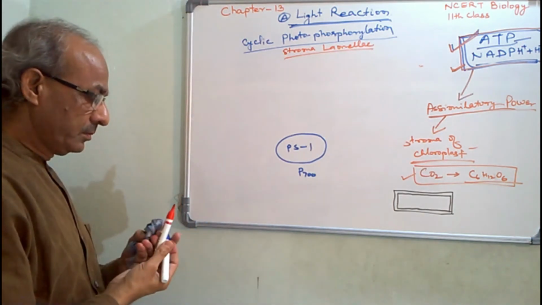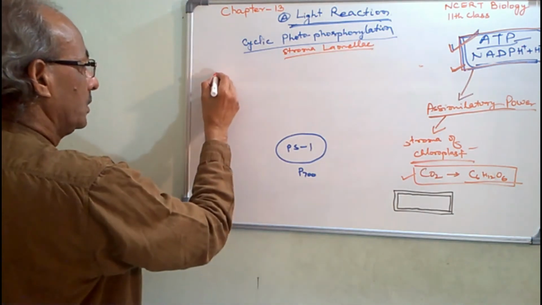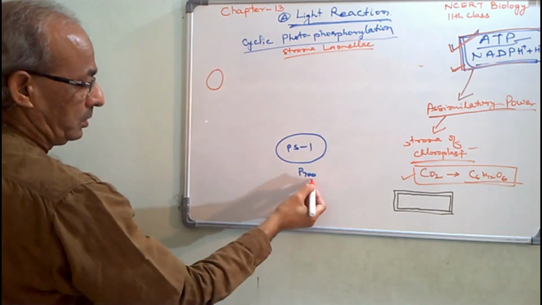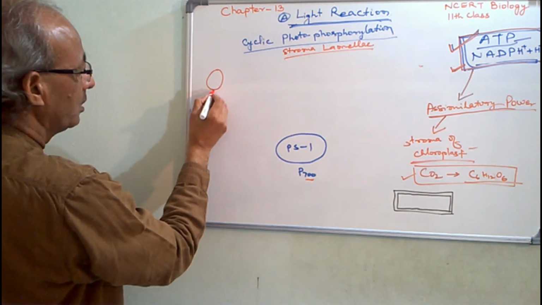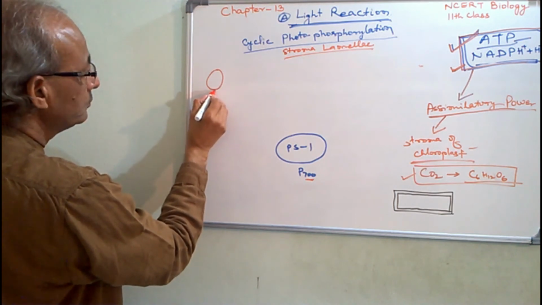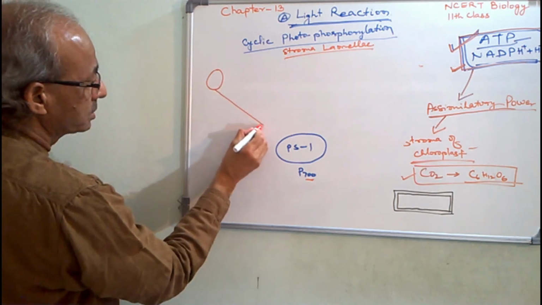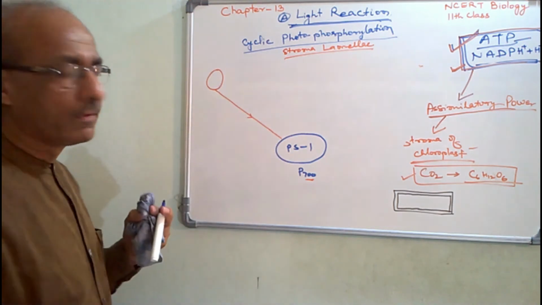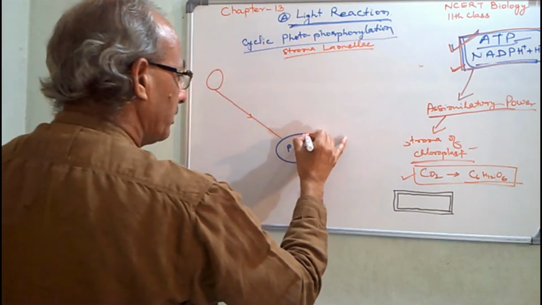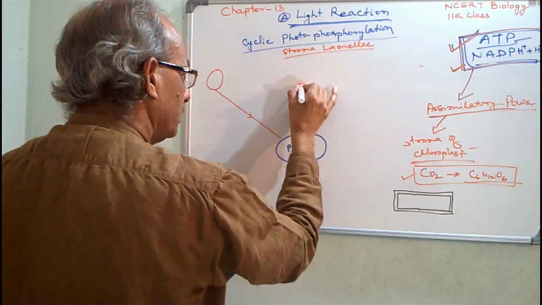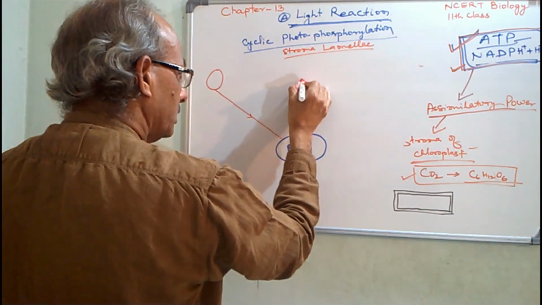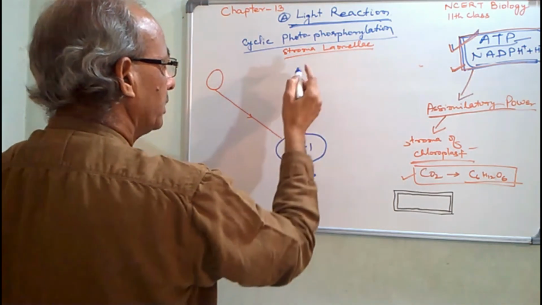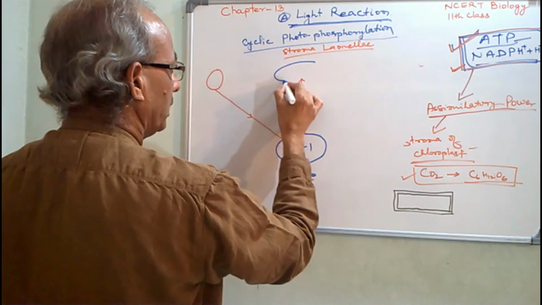After absorbing the red light at maximum wavelength of 700, the electrons of the reaction center get excited, and after excitement they jump upward and the electron is received here by the electron acceptor.